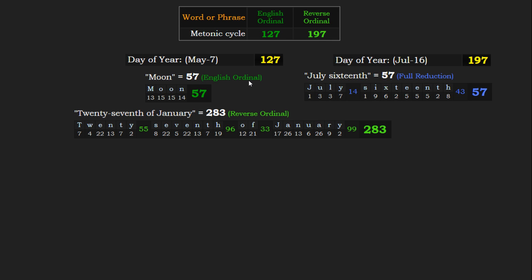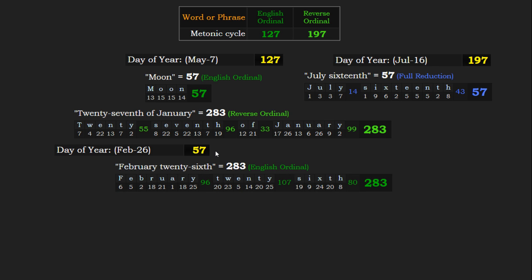Again, thinking about the date written 1/27, this would be the 27th of January. Notice how in the reverse alphabetic order, 27th of January sums to 283. 283 is also the gematria of February 26th, which is the 57th day of the year.